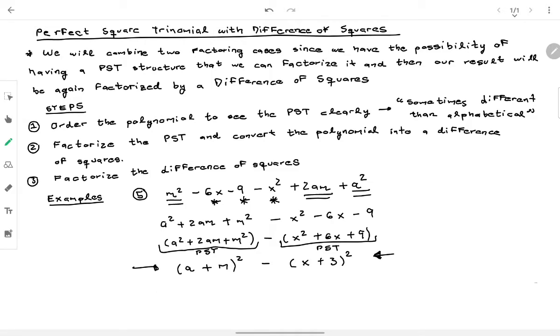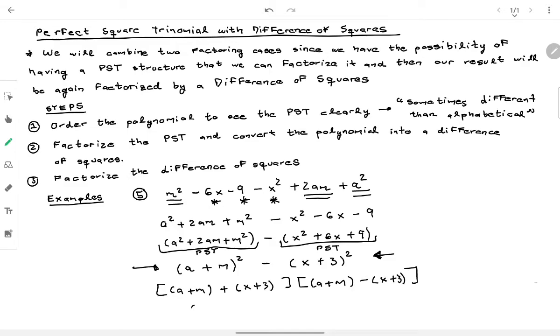To solve a difference of squares, we will open up two brackets. The square root of the first term is positive on both brackets. The square root of the second term will be positive on the first bracket, negative on the second bracket.